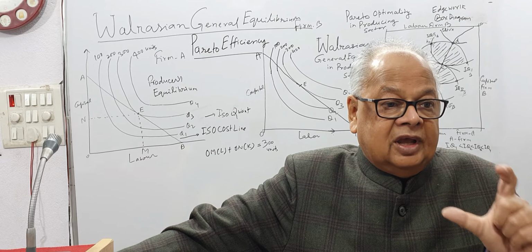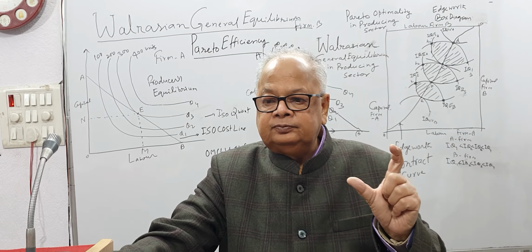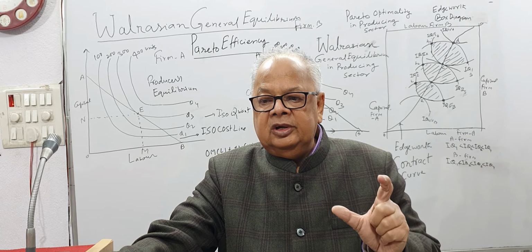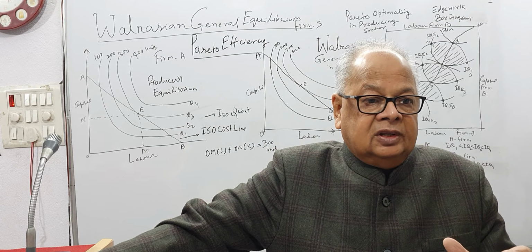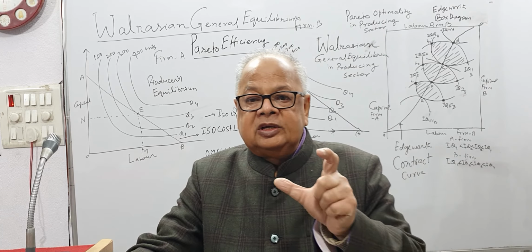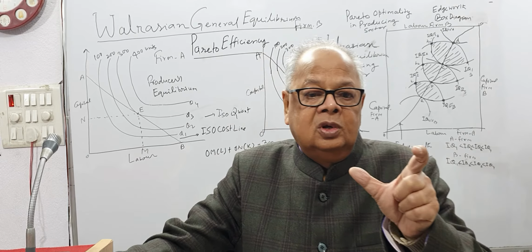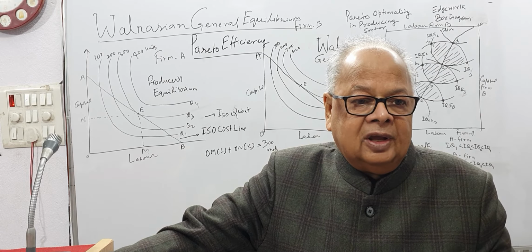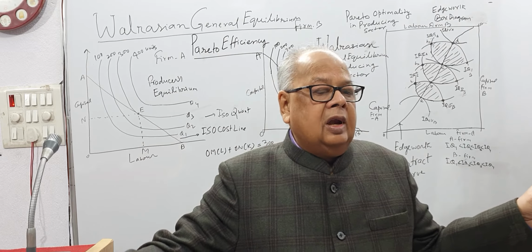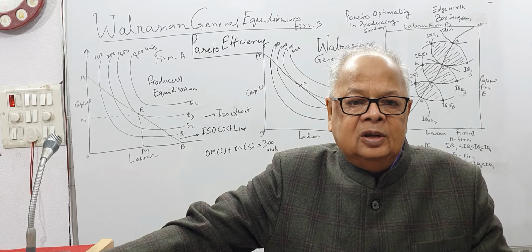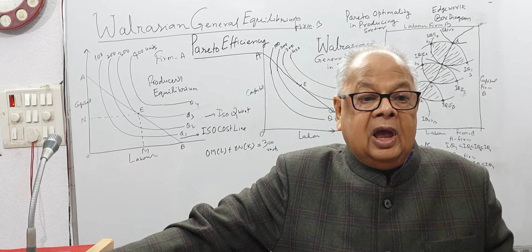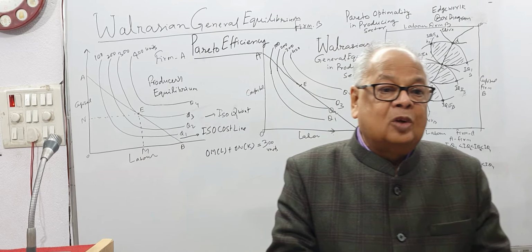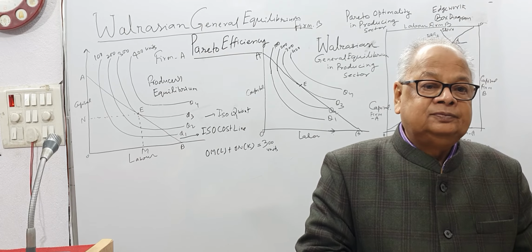So he says that there is an optimum condition, and the optimum condition is very tough. The factor price line must be tangent to the isoquant of firm A, and the factor price line must be tangent to the isoquant of firm B, and both conditions obtained at one point.